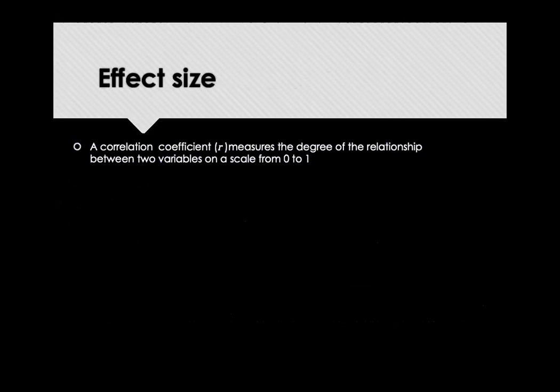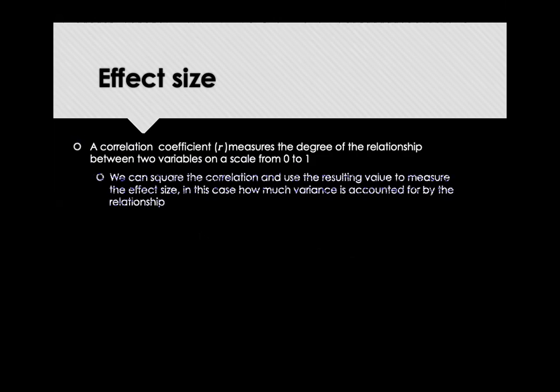Effect size. Just like with the other test statistics we've done, we will calculate effect size. A correlation coefficient measures the degree of the relationship between two variables on a scale from 0 to 1, in both negative and positive directions.